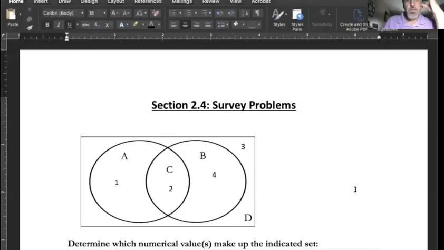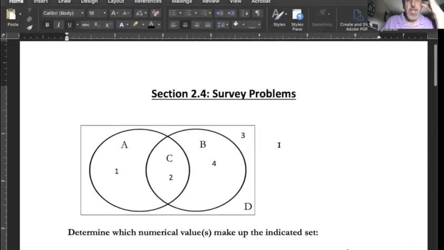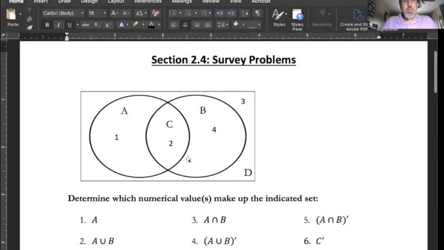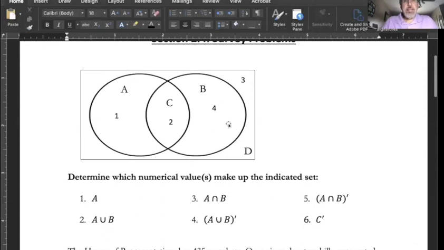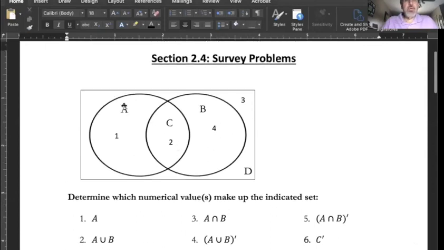Let me pull that up here. And we are going to talk about survey problems. And to do that, what I've done is I've created a Venn diagram here with two sets, and I've labeled each of the sections that the Venn diagram is divided into with letters. The letters identify the section. So A is this entire circle, okay?